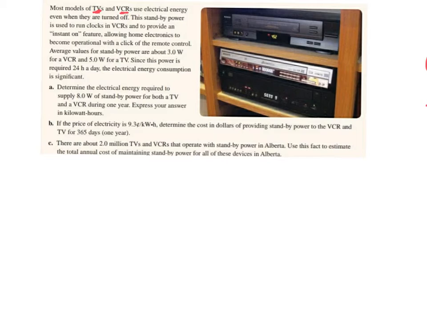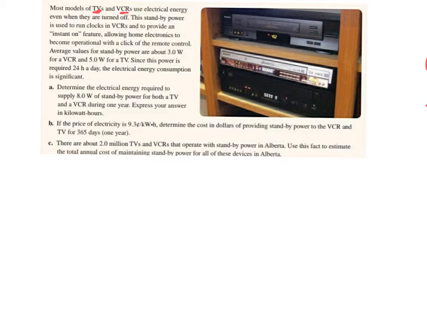So most models of TVs and VCRs use electrical energy even when they are turned off. This standby power is used to run clocks in VCRs and to provide an instant-on feature, allowing home electronics to become operational with a click of the remote control. Average values for standby power are about 3 watts for a VCR and 5 watts for a TV.